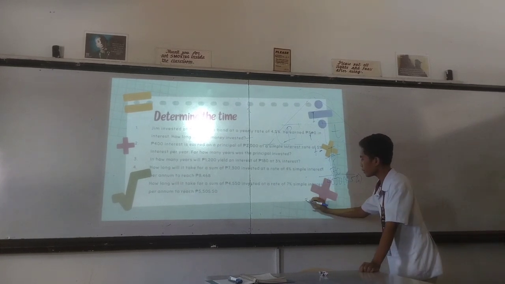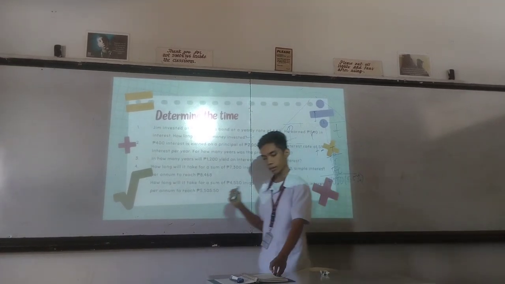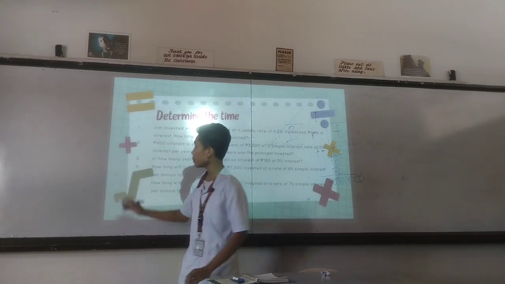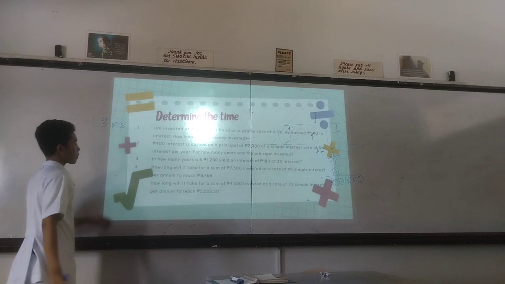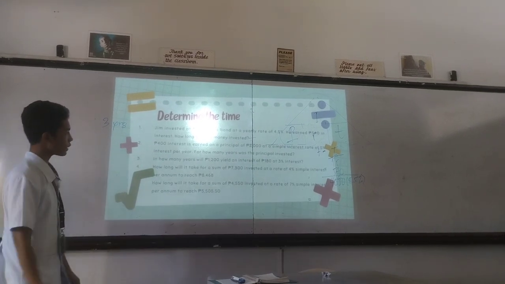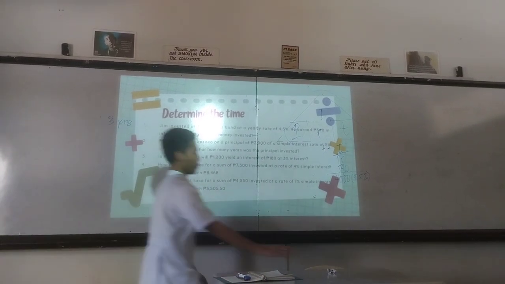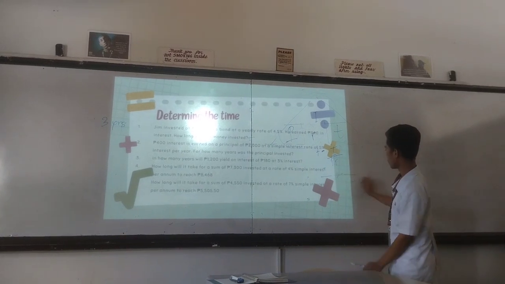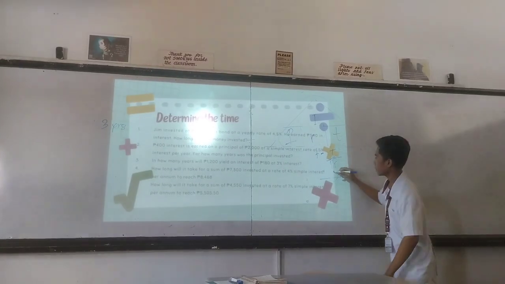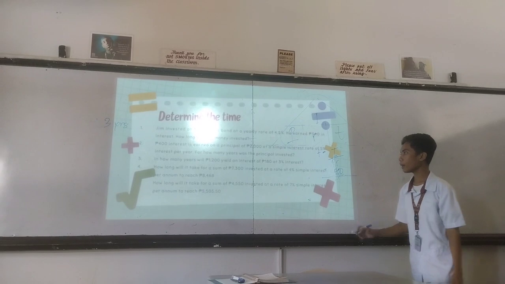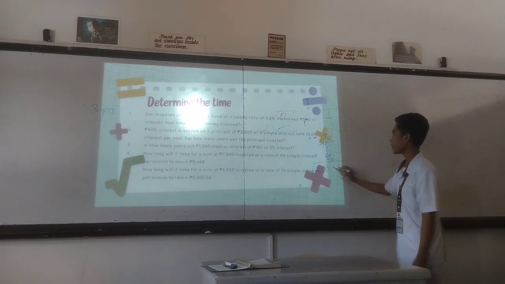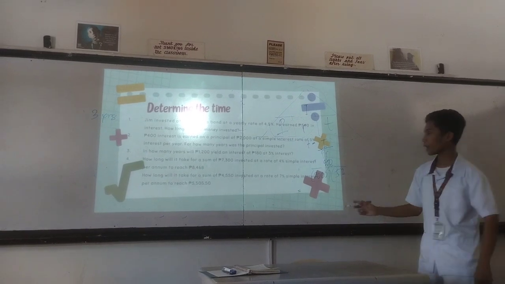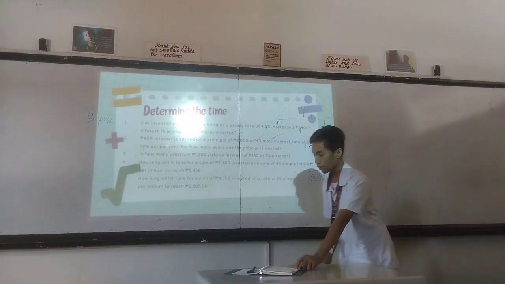Again, input it in the calculator, and our answer for that would be 3 years. So number 2, 400 pesos interest is earned on the principal of 1,000 at a simple interest rate of 5% per year. Again, input that in the calculator, then you'll get 4 years.